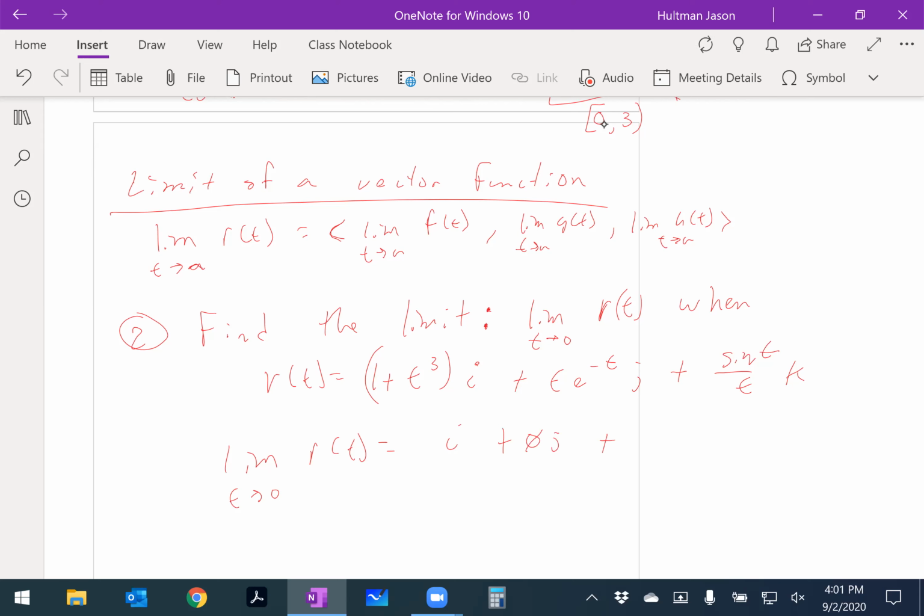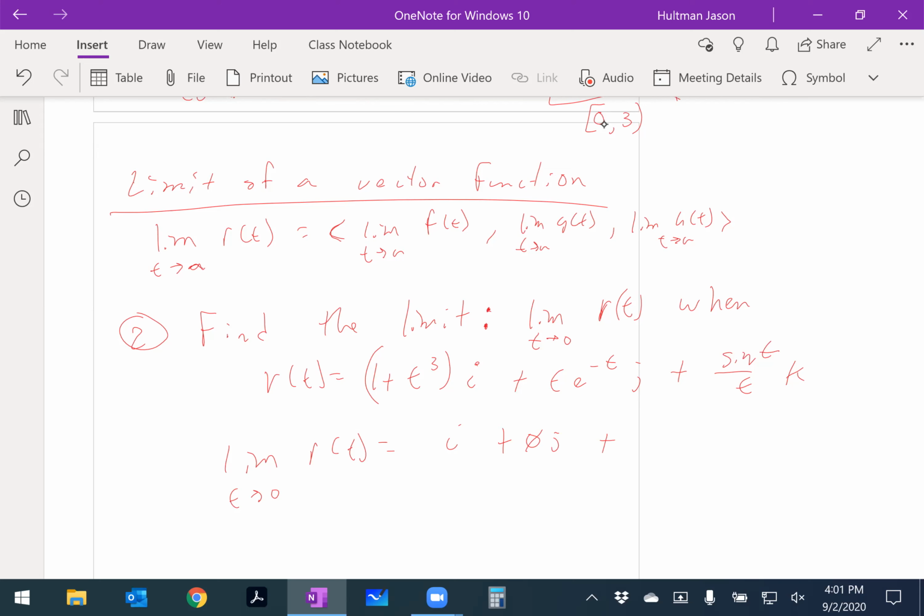This is sine t over t. That would be 0 over 0, which would not exist, so you have to use L'Hopital's rule. Exactly. Very good. So yeah, this thing we're going to use L'Hopital's rule on.